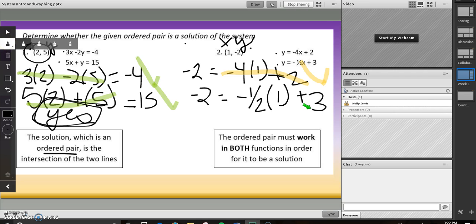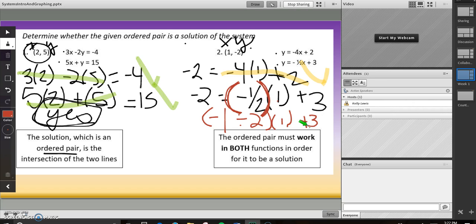Any time you have a fraction and you want to stick it in your calculator, put parentheses around it. So do parentheses, -1 divided by 2, parentheses, then times that 1 right there, and then plus 3.